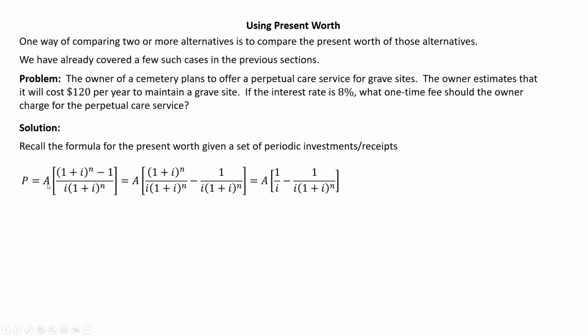A is $120, and now what should n be? Perpetual. There is no limit to the number of years. So infinity. Whether the whole earth will last for an infinite number of years is a different story, but theoretically, at least, we need to assume n to be infinity.